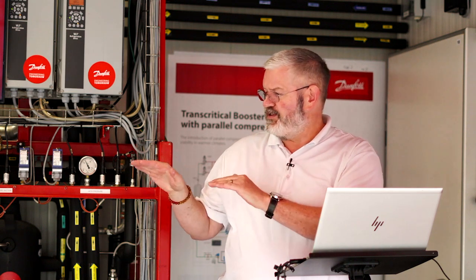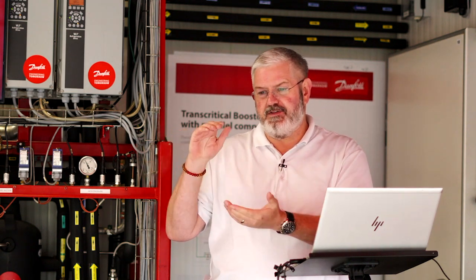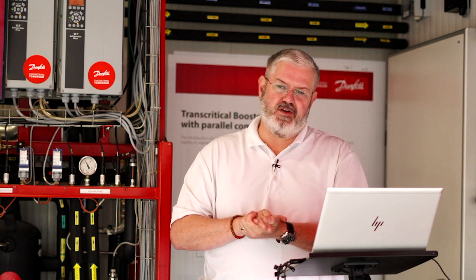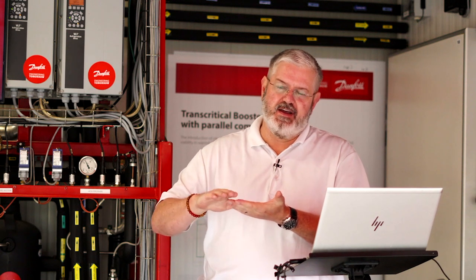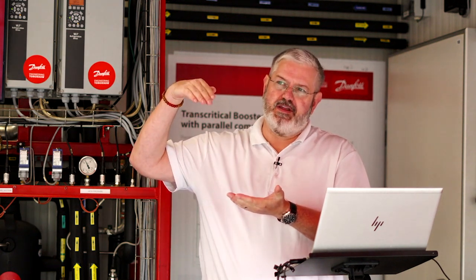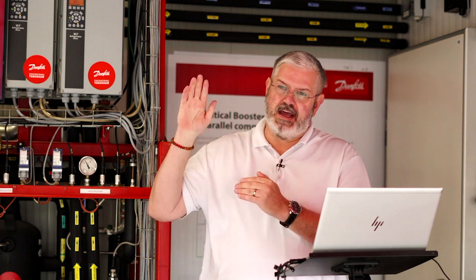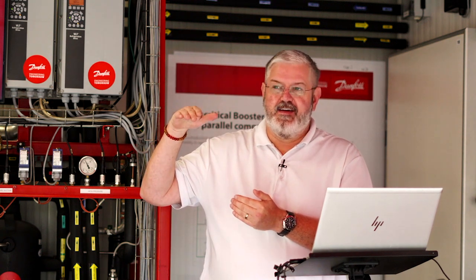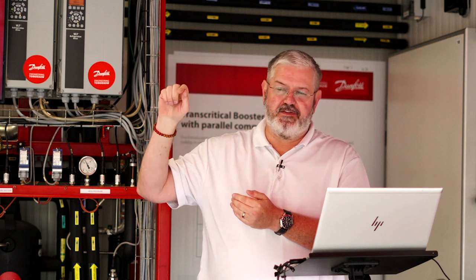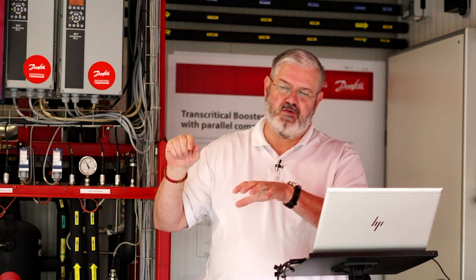What really happens is you'll switch from one to the other. Like if you had all the solenoid coils burn out on the ejector block, pressure's going to rise to a certain point and the high pressure valve is going to take over as a safety backup. So you're typically not going to have the high pressure valve doing its thing, with the gas cooler outlet temp and the COP line, in conjunction with the ejectors.